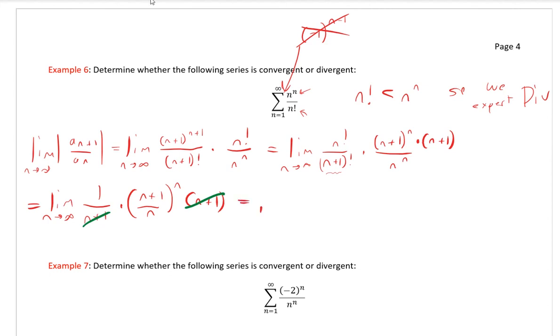And so all we have is the limit as n approaches infinity of n plus 1 divided by n to the n power. Or if you rearrange stuff in the middle, you divide that n into both terms on top. You have n divided by n as 1, plus 1 divided by n is 1 over n, to the n power.